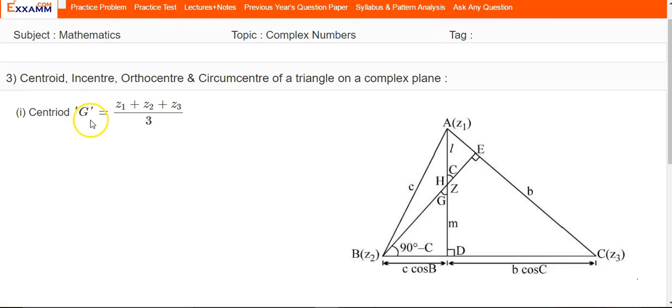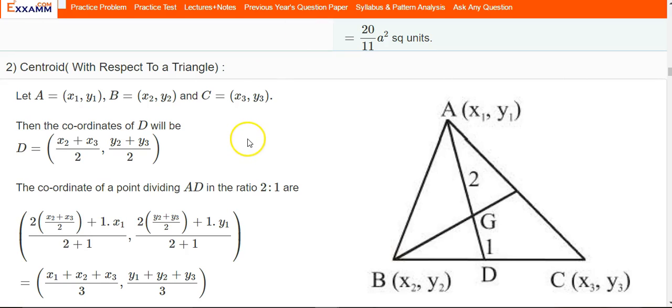The centroid, we know, would be Z1 plus Z2 plus Z3 upon 3. Why did I say we know? Because if we remember from coordinate geometry, the centroid of a triangle ABC, whose coordinates were (x1, y1), (x2, y2) and (x3, y3), was x1 plus x2 plus x3 divided by 3 and y1 plus y2 plus y3 upon 3.